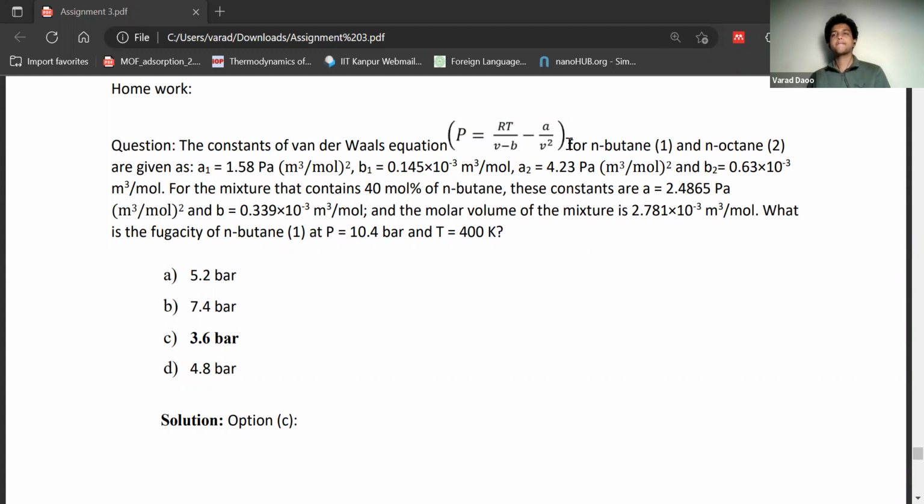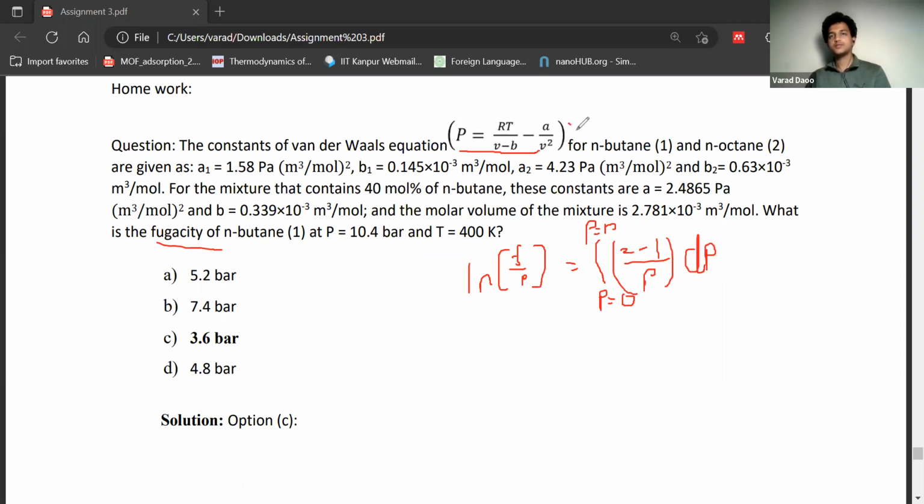Anybody got it? Remember, this expression has been given, and we are asked to find the fugacity. So remember, f by p, this expression, is equal to the integral from p equal to 0 to p equal to p of (z minus 1) by p dp, right? Where z you can find from here.